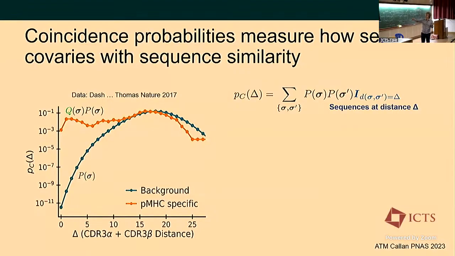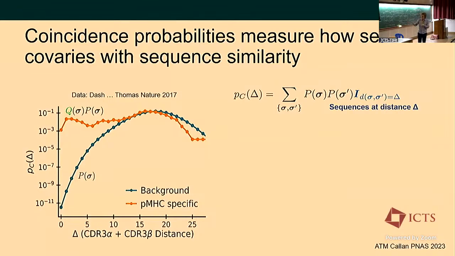You can make a histogram of how often, if you take a random pair of cells that you know are specific to the same target, they differ by 1 amino acid, 2 amino acids, and so forth. You can also resolve how often they differ by 0 amino acids, because of the degeneracy of the codon table, right? You get different nucleotide-level recombination events that convergently code for the same protein. So you can get a sense of how often you see exactly the same protein, but that has arisen through independent recombination events.